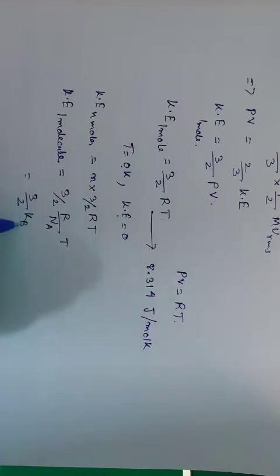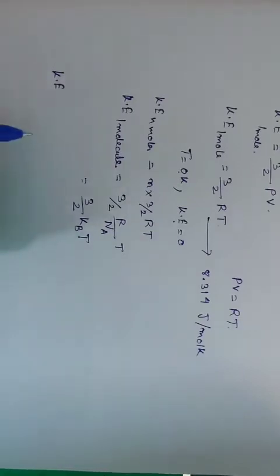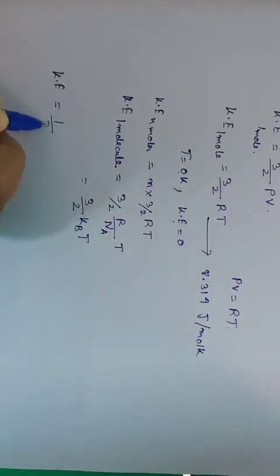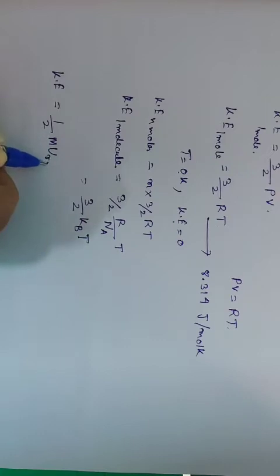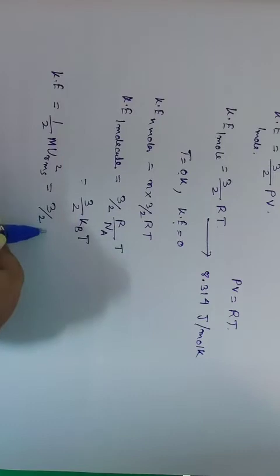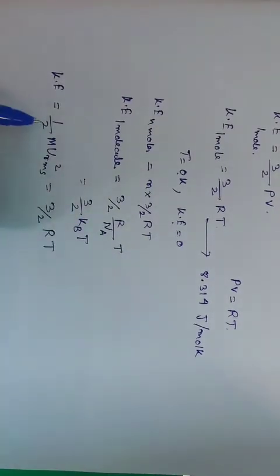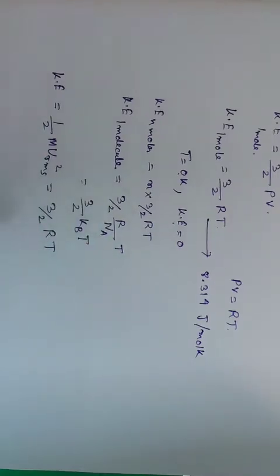Boltzmann's constant, that is 3 by 2 k_B T. So kinetic energy equal to half capital M u RMS square equal to 3 by 2 RT, isn't it? From this we can find out the RMS value.